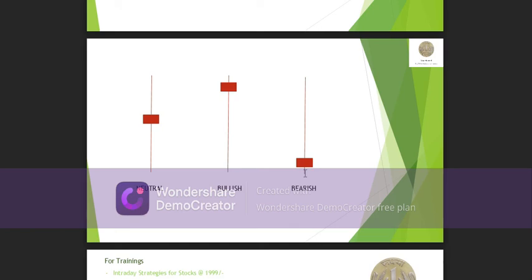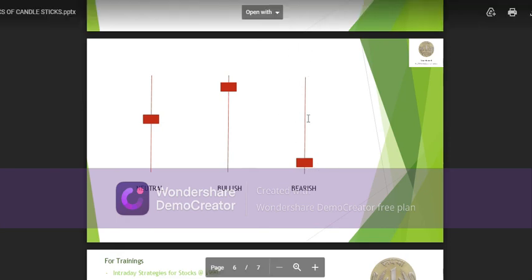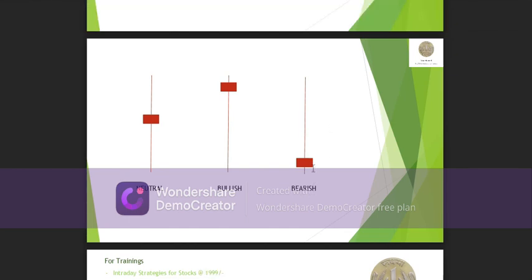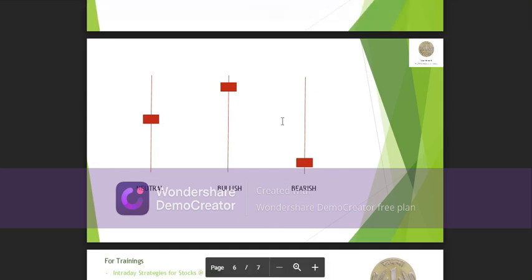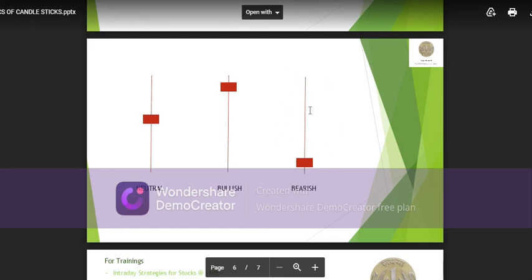There are some buyers who don't want the price to go so low, so they jacked up the prices. But in this scenario, the buyers were never in control of the movement of the stock. They did something, but eventually it closed much below the open price. And when you see this type of pattern, it means that going forward, the sellers will be more and more for this stock.